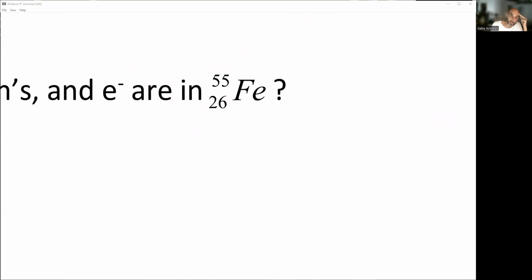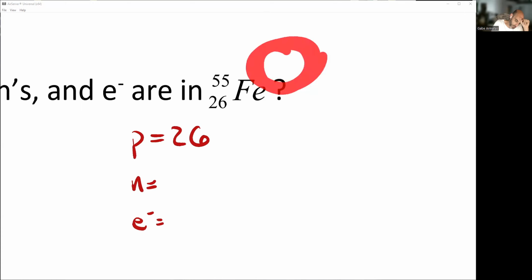iron 55. Okay, so how many protons, how many neutrons, and how many electrons are in iron 55? I'll let you take a moment and look at this iron compound, pause this and figure it out. So you're right that it has 26 protons because the atomic number is 26. Because it's neutral, again, we don't see a charge in this upper right-hand corner, the number of protons equals the number of electrons at 26.